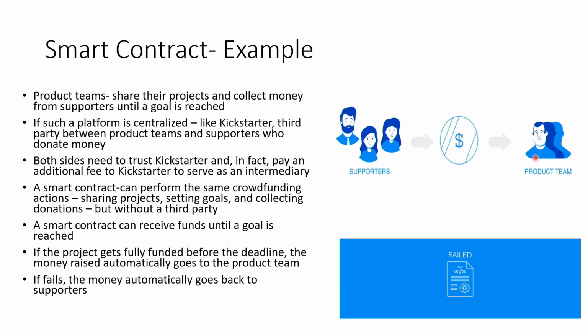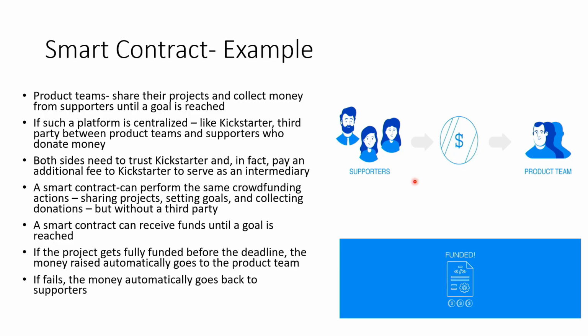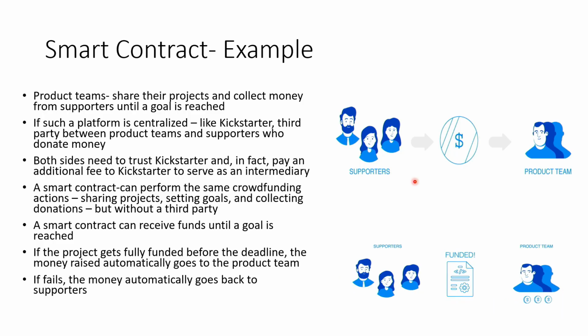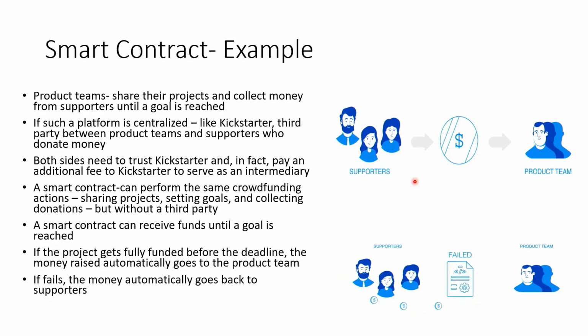There should be some third party involvement, which is the current process where agreements happen between two people. Suppose both of them trust Kickstarter, the third party. Kickstarter will collect the money from the supporters, and that money will be transferred to the product team.